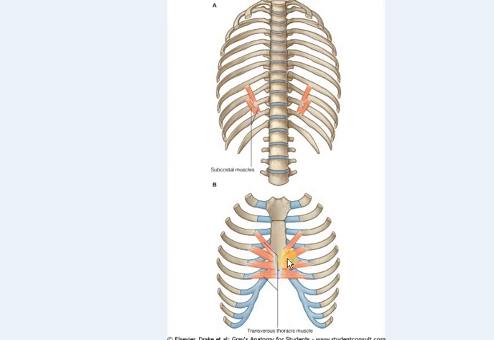Then they pass superiorly and laterally to insert into the lower borders of the costal cartilages of the third rib. This one is the third rib, fourth, fifth, and sixth. So they insert at the lower border of the third, fourth, fifth, and sixth rib.